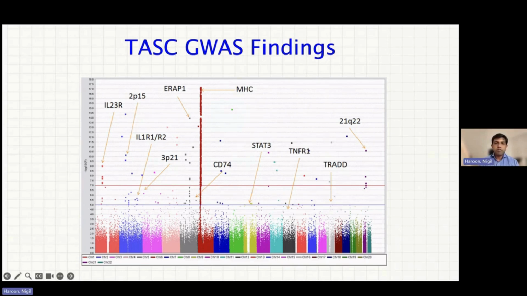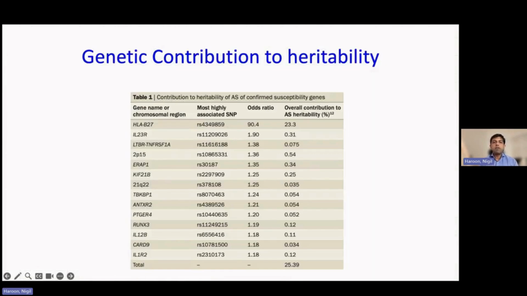Of course, B27 is the strongest, but there were many others close by. ERAP1 was of particular interest to us. You can see the table here of multiple other genes that got picked up. But the interesting thing is, you look at this number, that's the odds of developing disease if that gene is present, and for HLA-B27 it is very high, 90.